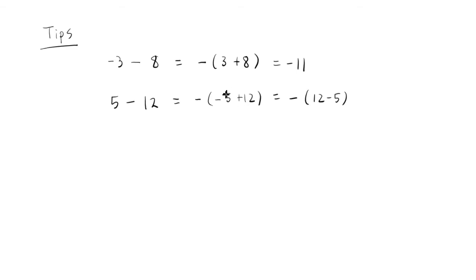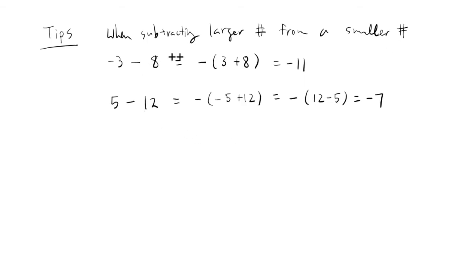You can switch these two around, and that becomes negative (12 minus 5), and that equals negative 7. So when subtracting a larger number from a smaller number, you should try these strategies.